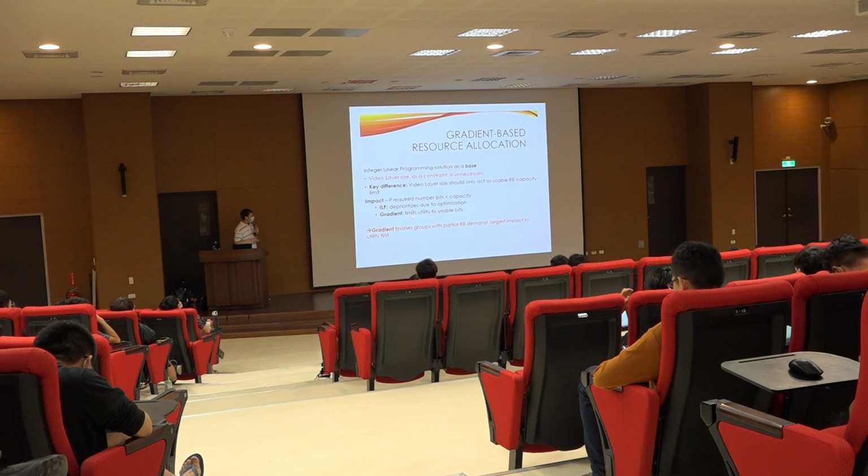Gradient just says, we limit this utility to usable bits, because we know if we finish a video layer, we actually realize that entire utility. It's not just potential utility. Say you transmit 99%, but you're still missing that 1%, so that's nothing. You realize your utility, you've just gotten your 3.7 minutes gain, or however you interpret it. So gradient finishes groups with partial resource block demands, which have the largest impact on utility, first, while ILP does not.